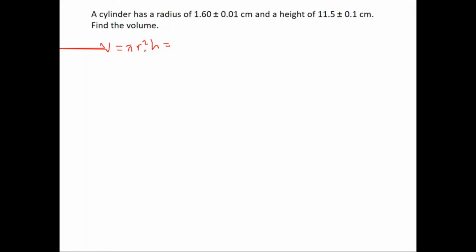Okay, so it is going to be equal to pi times r is 1.60 square times h is 11.5, and after this multiplication we are going to get 92.488 centimeter cube.